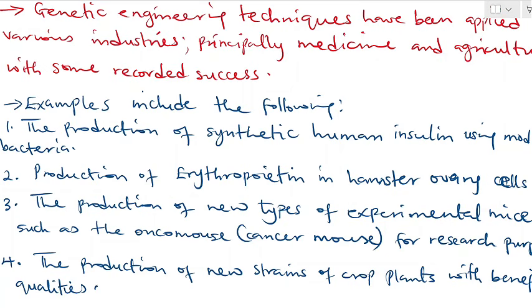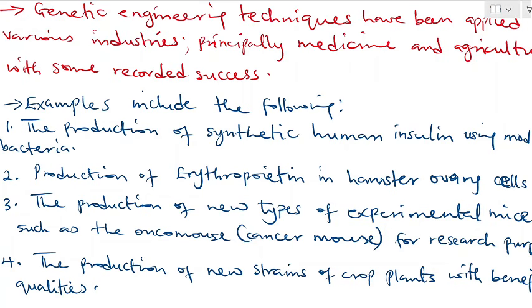So these are examples in which genetic engineering has been applied in the various industries. As we can see, even from our examples, it has been principally applied to the industries of medicine and agriculture.